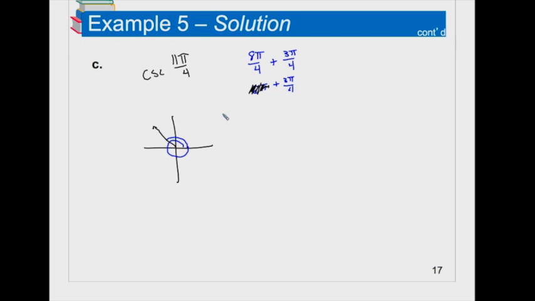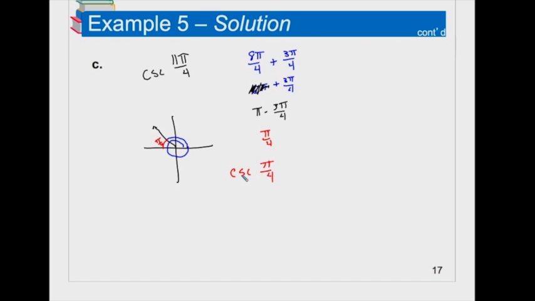Now, it's in the second quadrant, which means I'm going to do pi, which is right here, minus 3 pi over 4, and that's going to get me my reference angle. When I do that, what I'm left with is pi over 4, my reference angle in here, which is a 45-degree angle. So I'm doing cosecant of pi over 4.